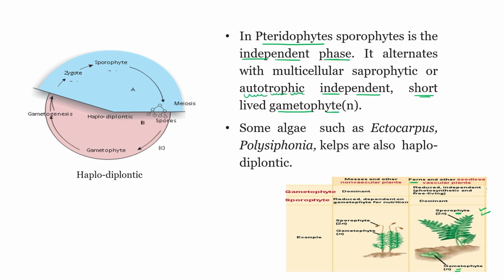This is an important term for the gametophytic phase. Other than pteridophytes, some algae also come under this haplodiplontic life pattern category, like Ectocarpus, Polysiphonia, and kelps. These also follow the haplodiplontic type of life pattern.